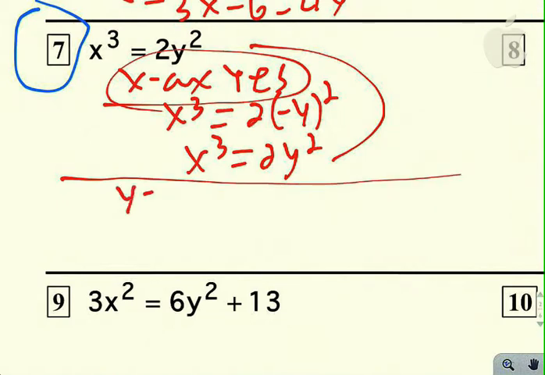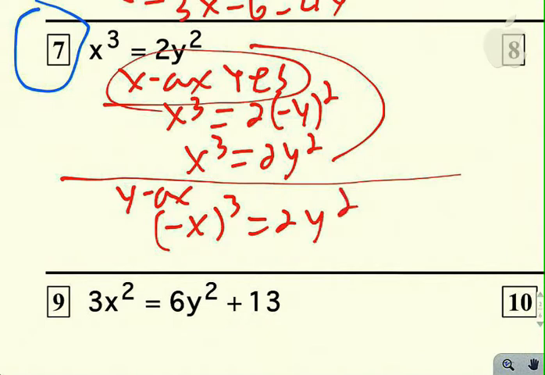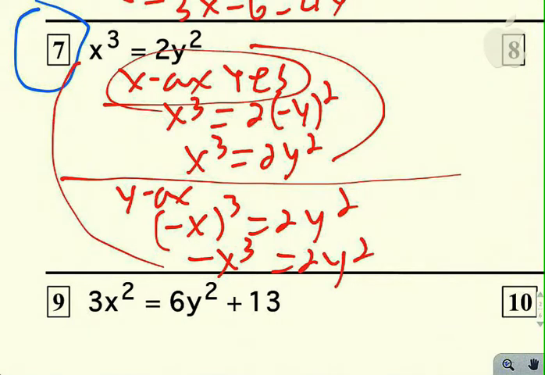How about y-axis? For y-axis, you negate the x. And when you cube a negative, you get a negative. These two equations are not equivalent. So for y-axis, it's a no.